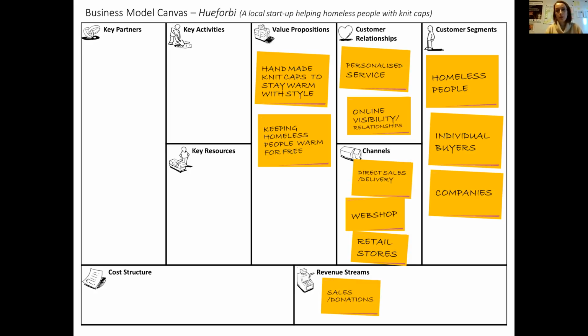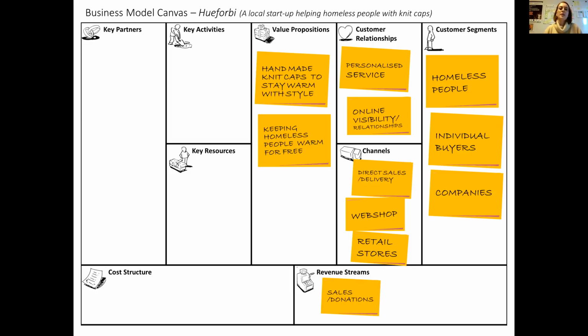But staff members is also, of course, what we will need as human resources. One place, yes, might be needed if we are to provide some other facilities to homeless people apart from giving them just the knit caps: premises, facilities, vehicles.